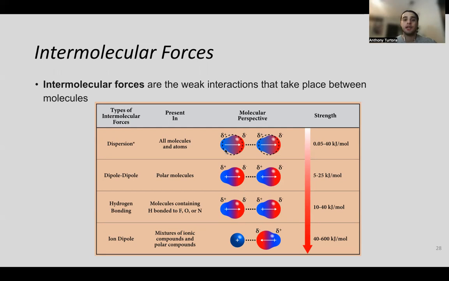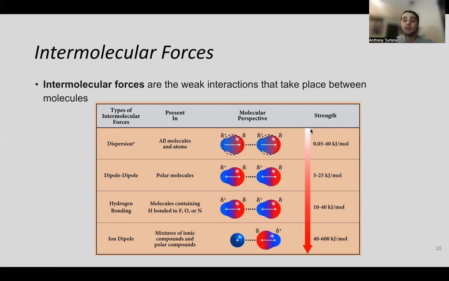So if you have a molecule at a snapshot in time, there's going to be more electron density at one part of the molecule than the other. So this creates an instantaneous dipole. It'll be attracted to either the negative or positive end of another molecule that also has an instantaneous dipole.